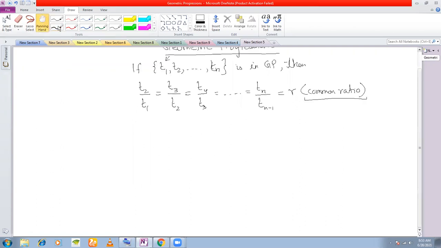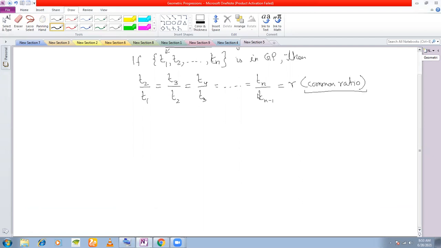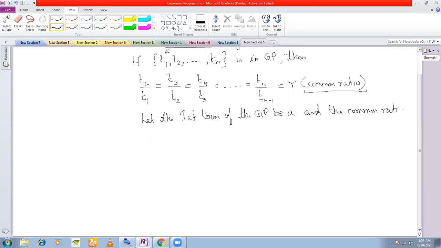Now, if however you don't know the sequence, suppose we know, let the first term of the GP be A. And if the common ratio is also given, the common ratio be R, then you can generate the sequence.